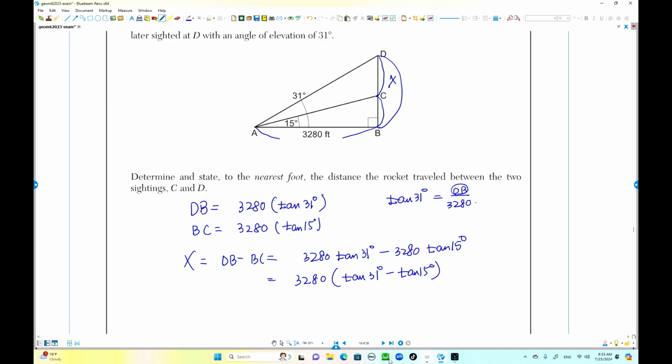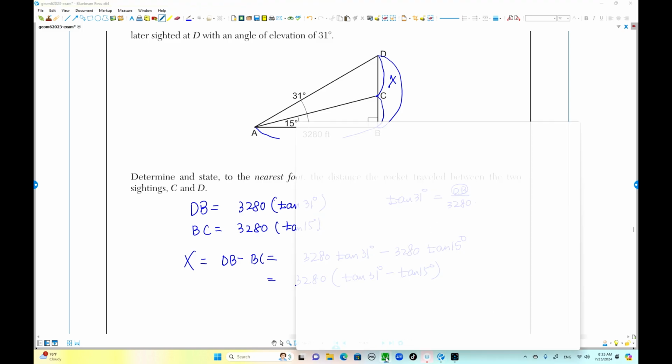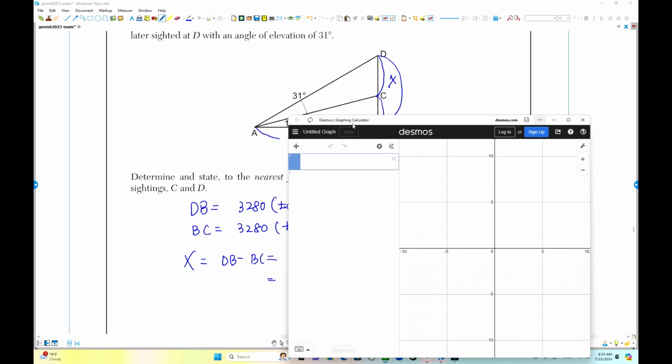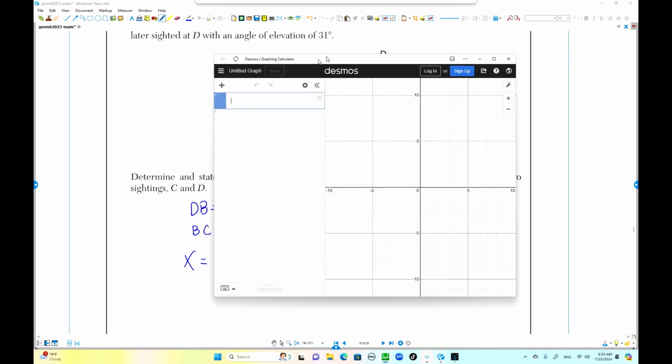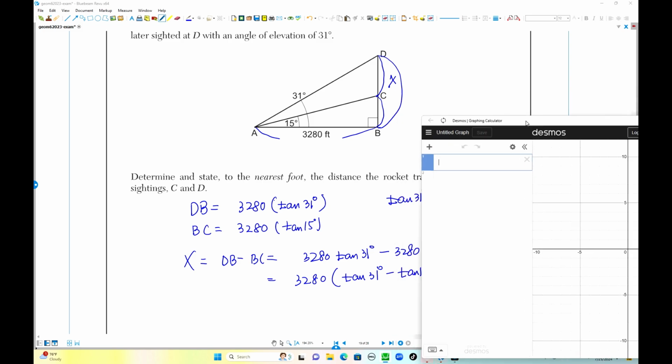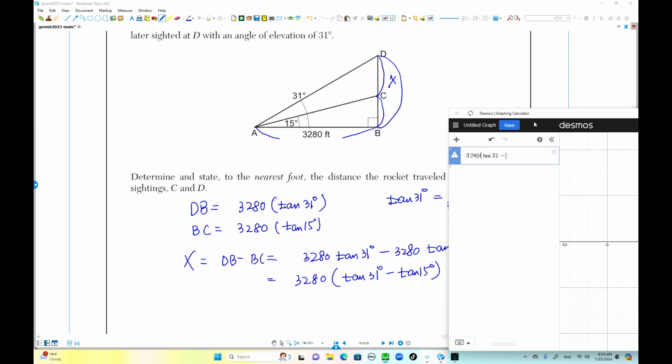So I'm going to use the calculator. To the nearest foot, the first one over here: 3280 times tangent 31, minus tangent 15.